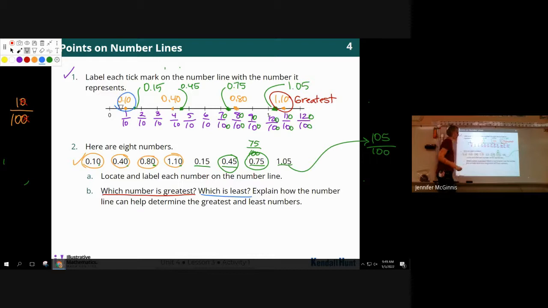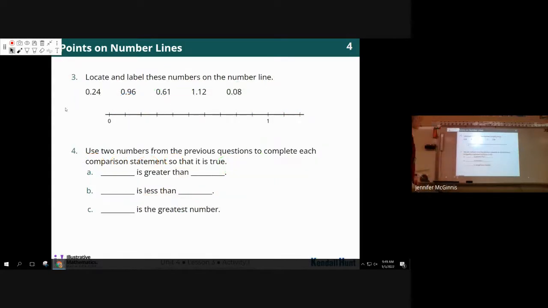Everybody give Ethan and Vlad 3 big claps. Good job. Explain how the number line can determine the greatest or least numbers. Vlad already did that when he said that it's the furthest on the number line. Ethan, why did you pick 10 hundredths? Because it's the lowest on the number line. It's the one that's closest to 0, right? Excellent. Very nicely done. Love that.